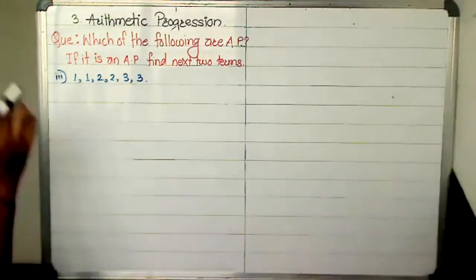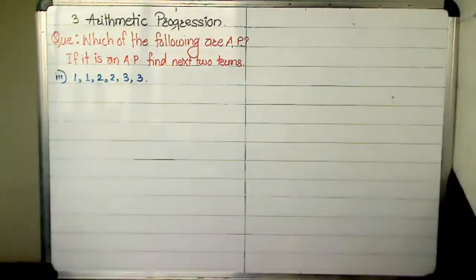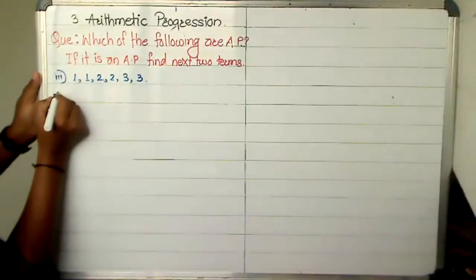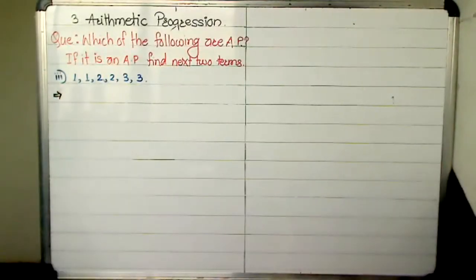Okay, so how to write if the given sequence is not an AP? The method is not different for a sequence which is not an AP.